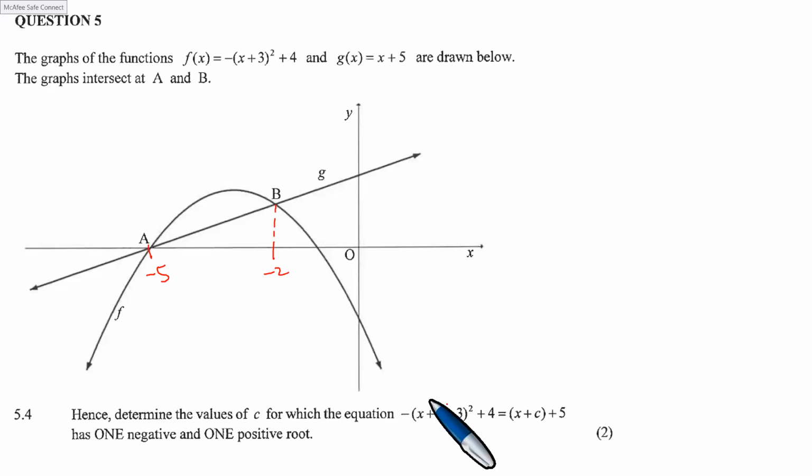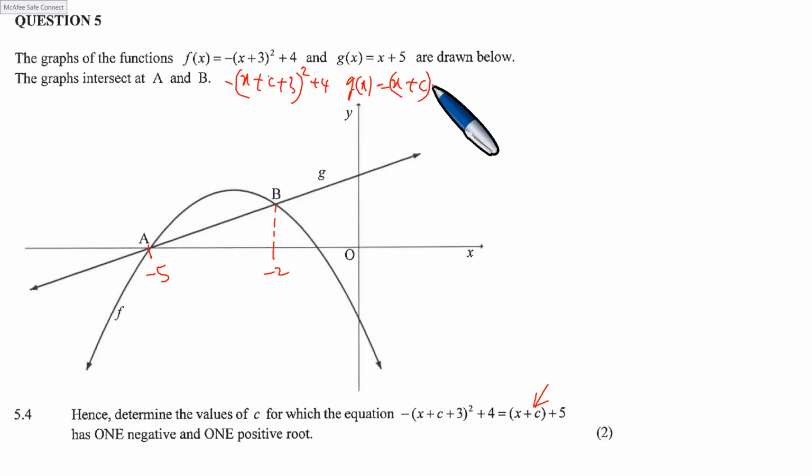Now the examiner decides to equate these two functions, but this examiner is very clever and adds C. You have this and you add C, and then you have 3 that is there, you square everything plus 4. You have these two.